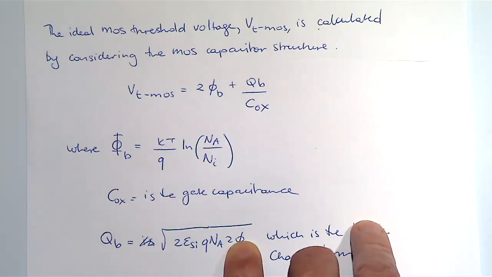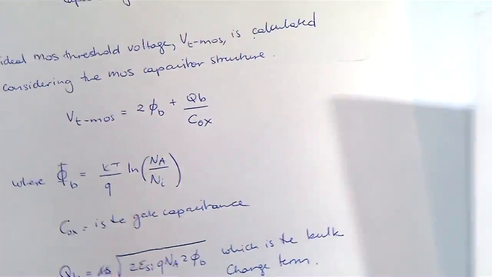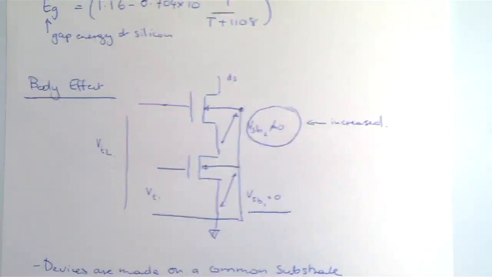Now I've called it VSB rather than VSS so that it doesn't confuse you with the source. But VSB is the source to base voltage, right?